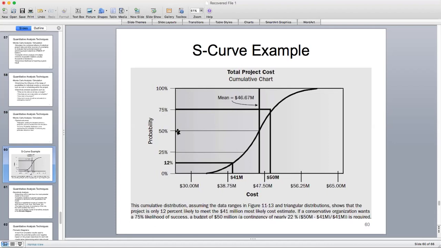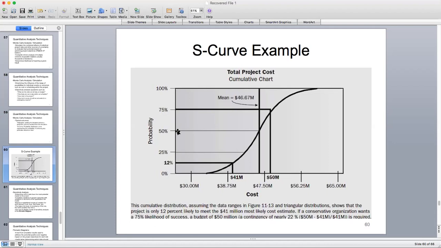Using stochastic analysis, using a stochastic model, and looking at probability distributions, if the organization determines that they will not accept projects that they can't be at least 75% confident they will have enough of a contingency to cover those costs, then we can simply look at our model and determine what that value would be. So you can see at 75%, follow the line to the S-curve, and that corresponding cost is $50 million.